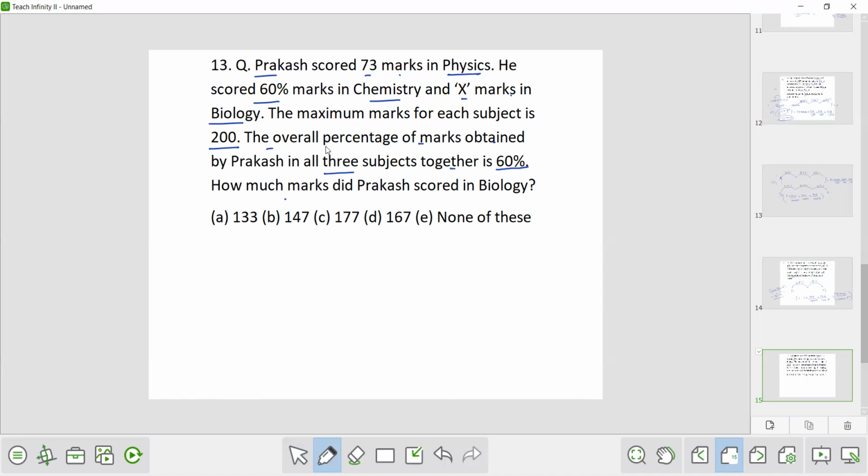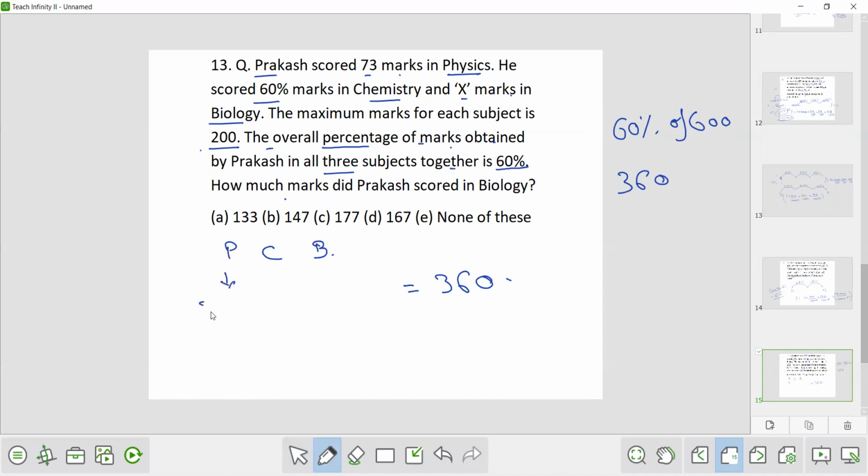So here it is given that Prakash got 60% in all the three subjects. Maximum marks in one subject is 200, so total marks is 600. So 60% of 600 is how much? 360. So Prakash got total 360 in physics, chemistry and biology.